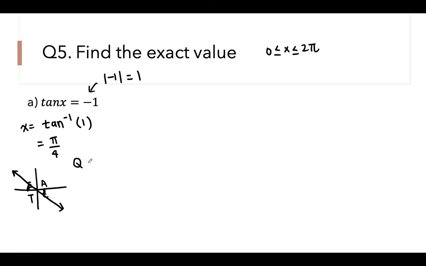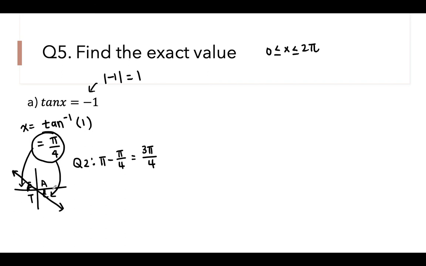If it's in quadrant 2, all you need to do is pi minus pi over 4, because this is my related acute, right? This over here and over here. So pi minus pi over 4. When you do the math, you're going to get 3 pi over 4.